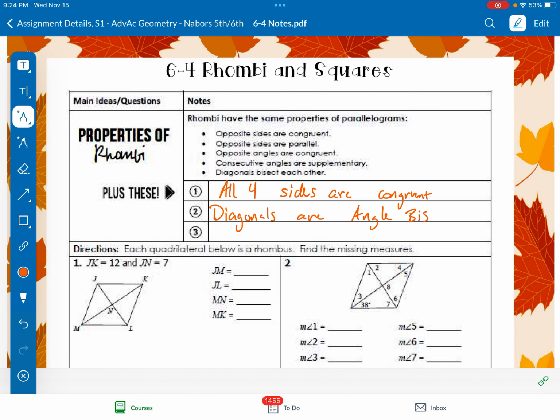So finally, we've been trying to do this for at least 2 lessons for parallelograms and rectangles, but not until it's a rhombus are the diagonals actually angle bisectors, right? And then there's one more thing about the diagonals. Again, this is unique to rhombi: the diagonals are perpendicular to each other.